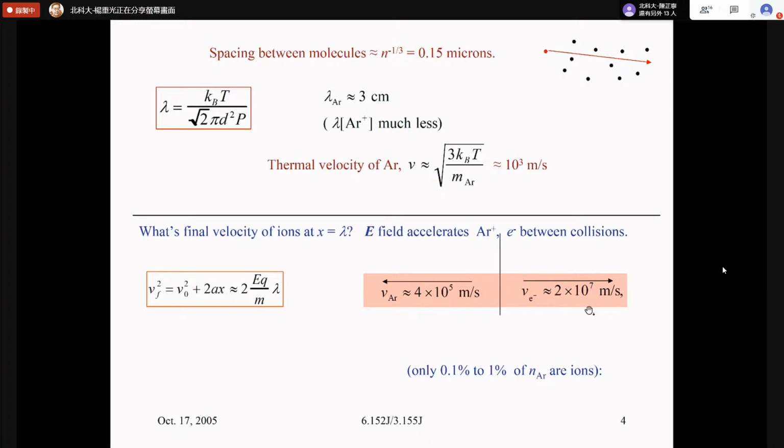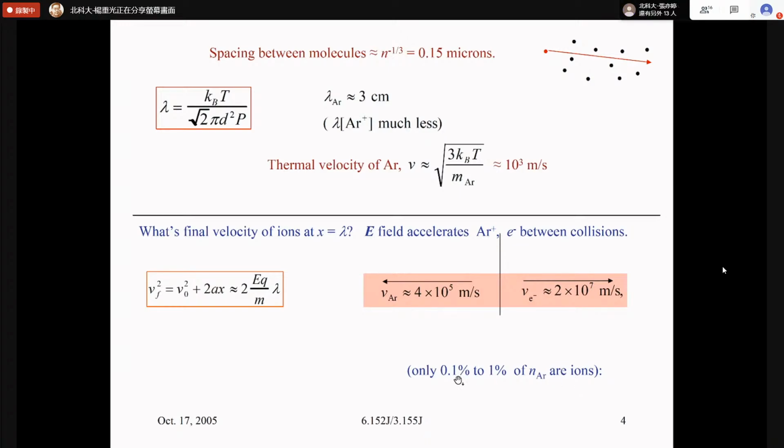But in this case, the problem is that only 0.1% to 1% of argon are ions. This is the difficult part: the density of argon ions is very low.